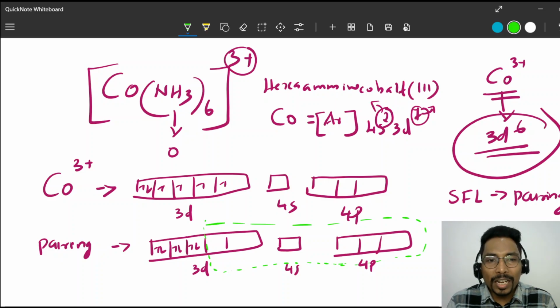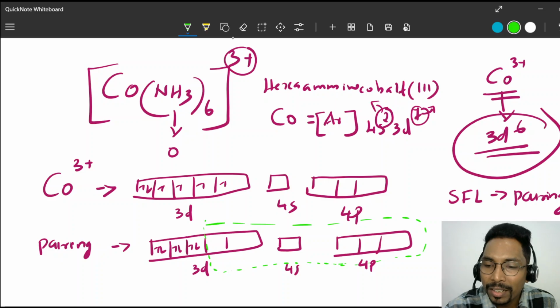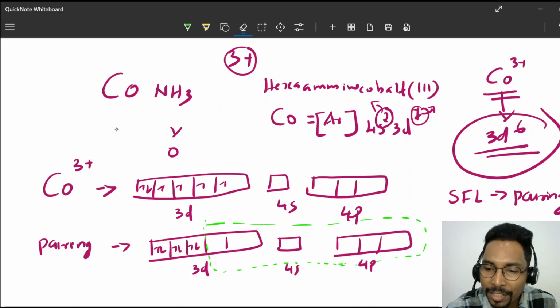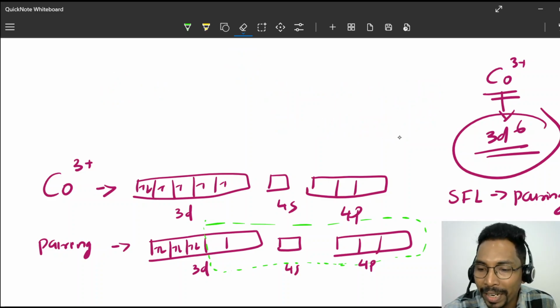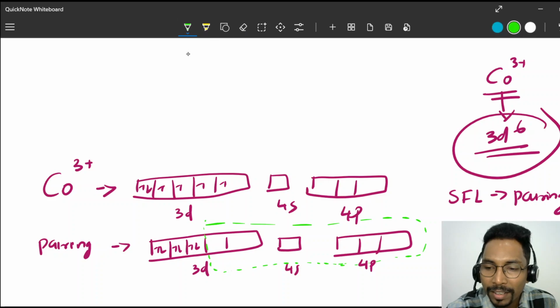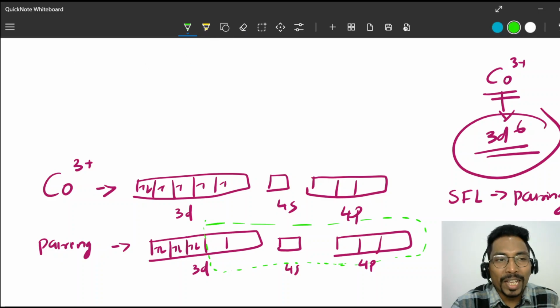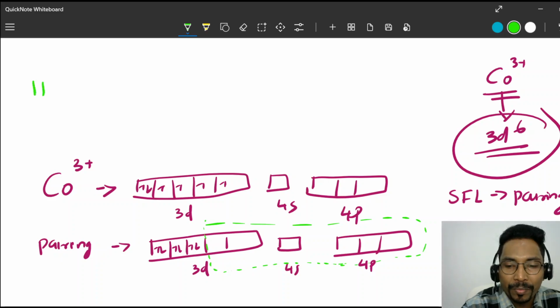In the next step, you can represent those orbitals in the combined form. So, hybridization. Clear?